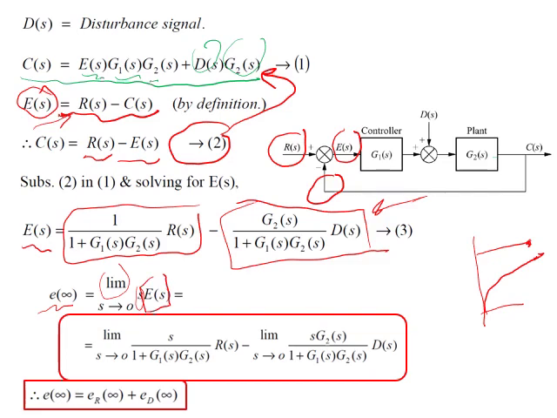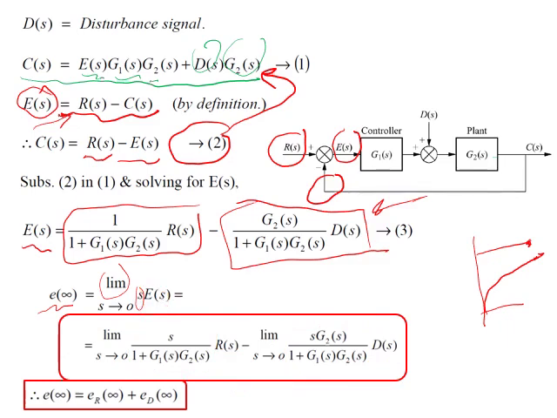So we will apply it and get the steady state error at infinity equal to the limit of this part times R(s) minus the limit of this part times D(s).